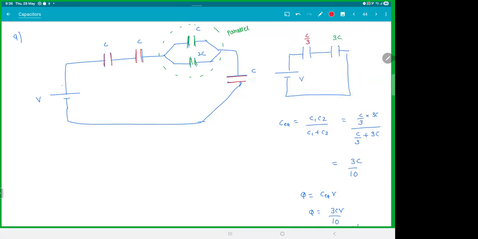Now look at this thing, charge distribution. If Q goes from the battery, this capacitor will get Q, this capacitor will get Q. So this Q is continuously flowing. Now, if they're in parallel, the charge will divide in the ratio of their capacitances. Q is equal to CV, so Q is proportional to C. So this will be Q by 3. This will be 2Q by 3.